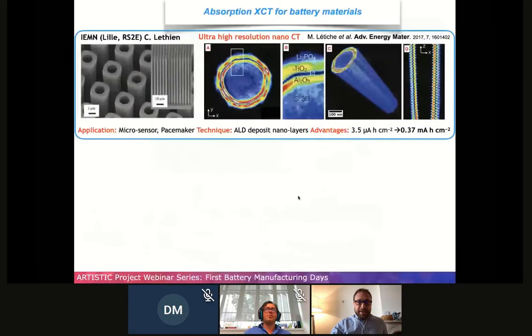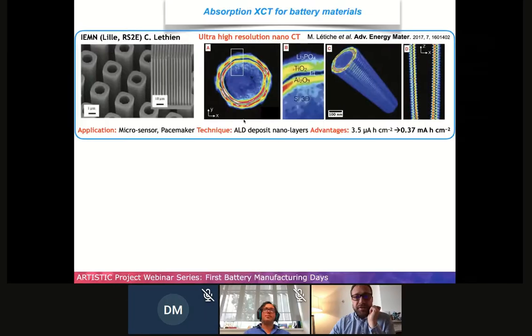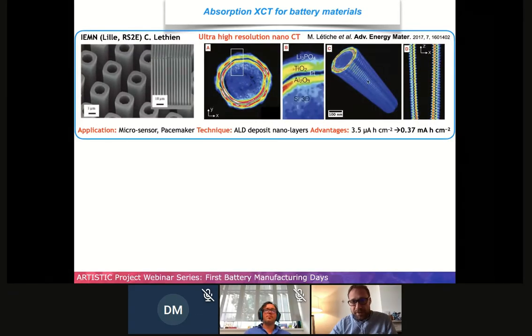So here I will just show you a couple of examples based on the absorption X-ray tomography. First of all is characterization of a micro battery. We just detached the pillar of this battery, and the layers are deposited with the ALD technique.